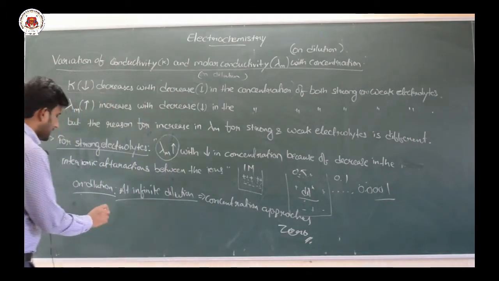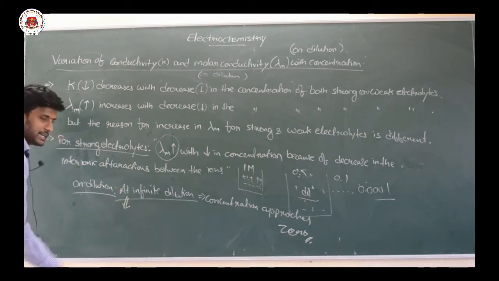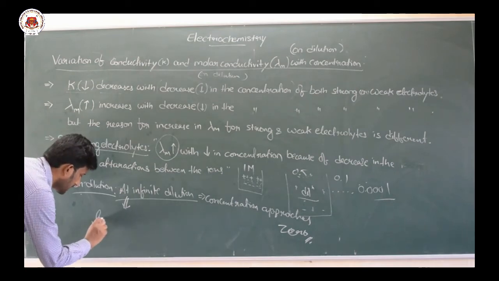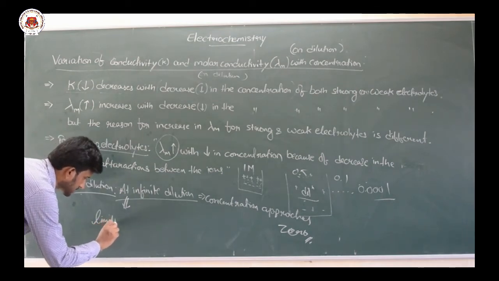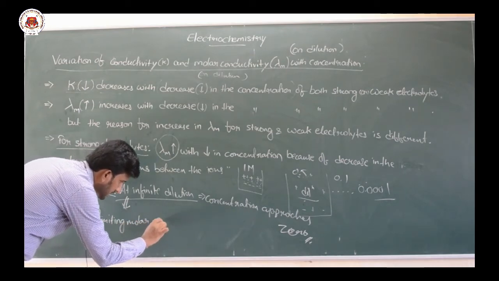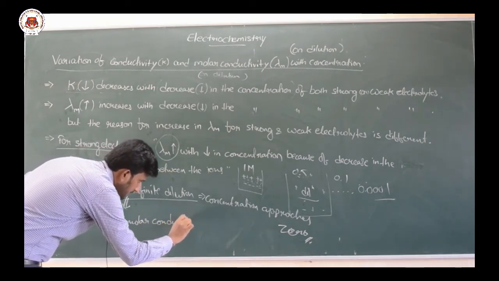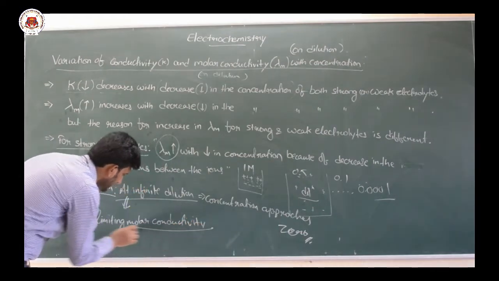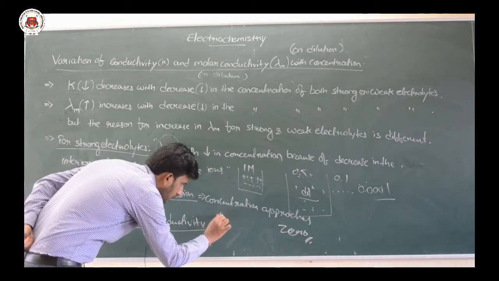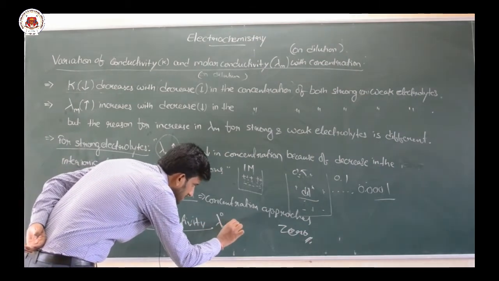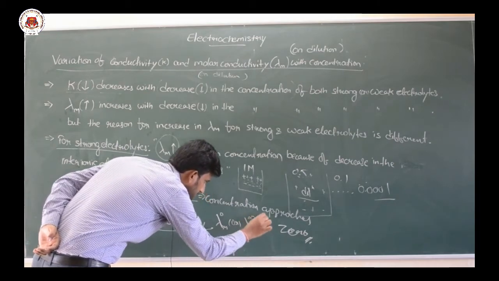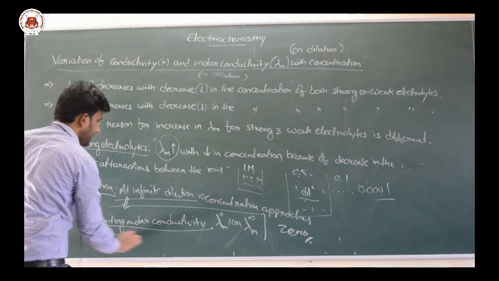So the molar conductivity that is obtained at infinite dilution is called limiting molar conductivity, and it is represented by the symbol lambda naught m, or sometimes some books also refer to it as lambda m infinity.